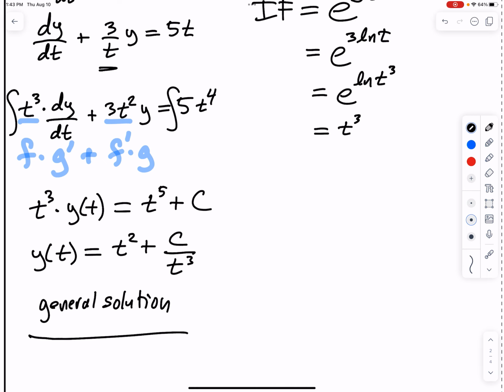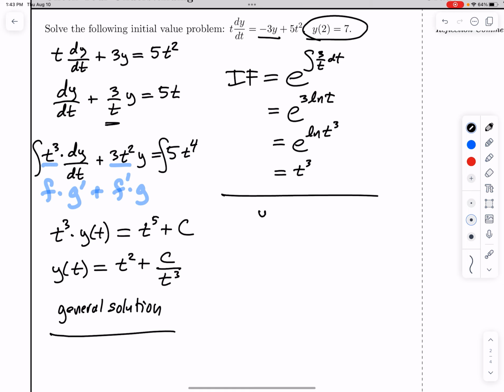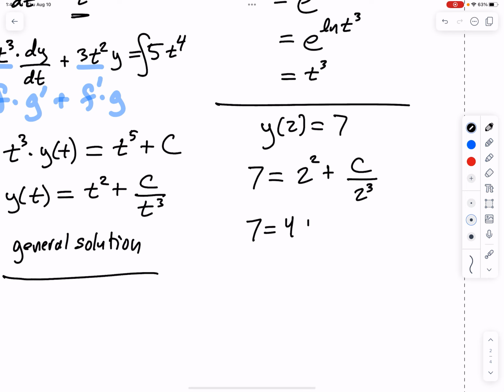But this problem asked us for a solution to this initial value problem where y of 2 was equal to 7, and if I plug in 2 for t, I would get 7 is equal to 4 plus c over 8, so I think c is equal to 24? 24 divided by 8 is 3, and 4 plus 3 is 7.